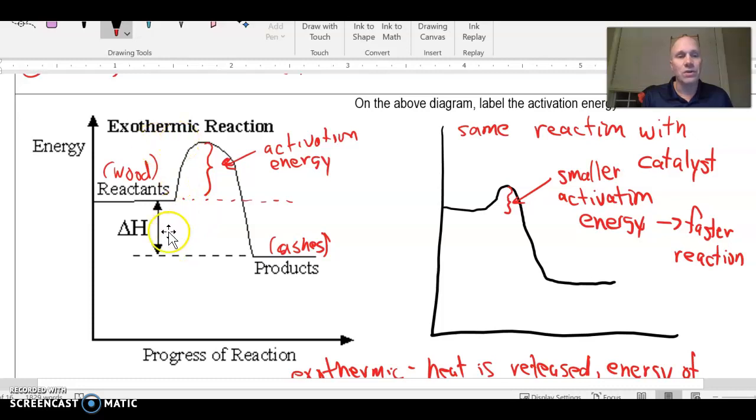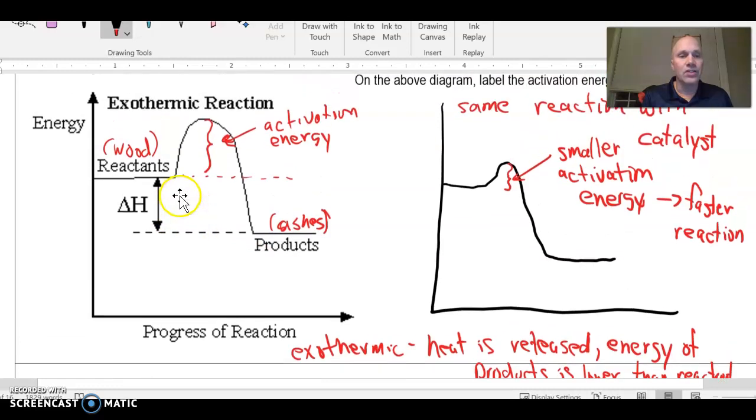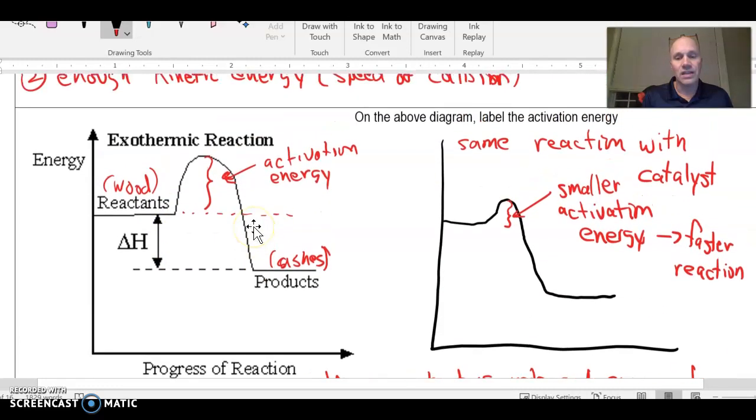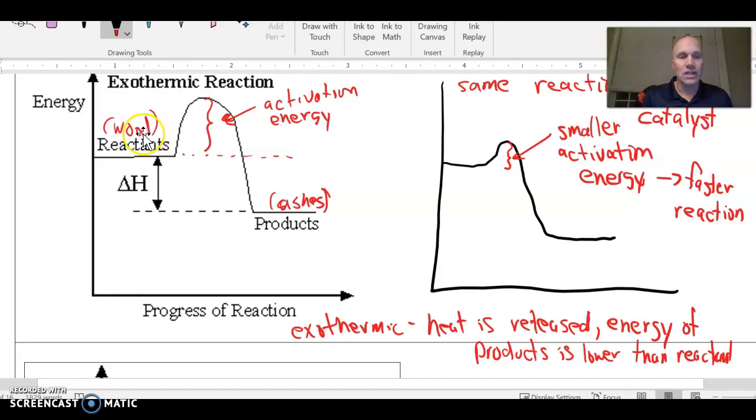Notice this right here. This is for an exothermic reaction. The way you can look at this and tell it's exothermic is that the energy of the products is lower than the energy of the reactants. So wood has a lot of energy, ashes have very little energy. Where does all that energy go?